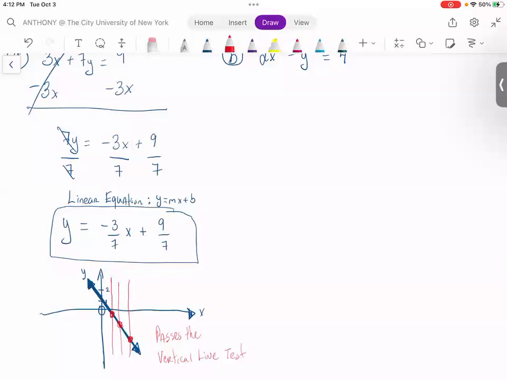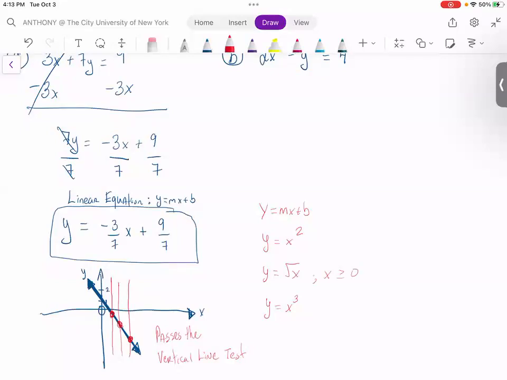There are common equations in two variables that you'll see in this class, pre-calculus, that are all functions. Equations like y equals mx plus b that you just saw, y equals x squared, y equals the square root of x, y equals x cubed. Square root of x, we just have to be careful with because this is only true for when x is greater than or equal to 0.